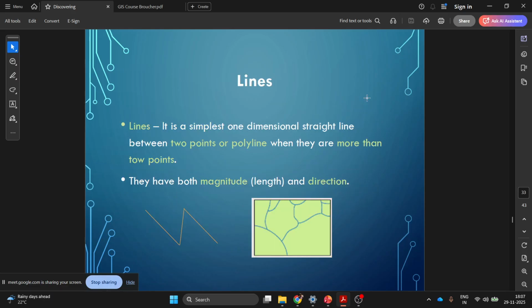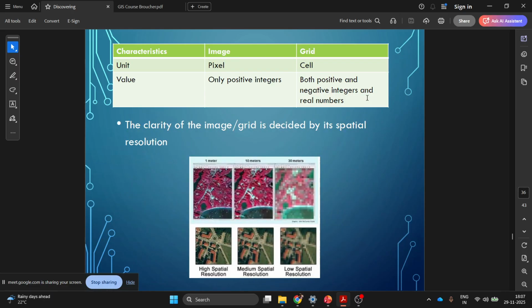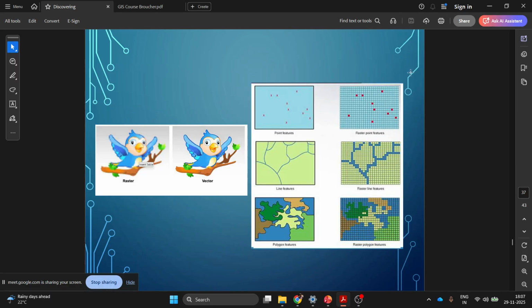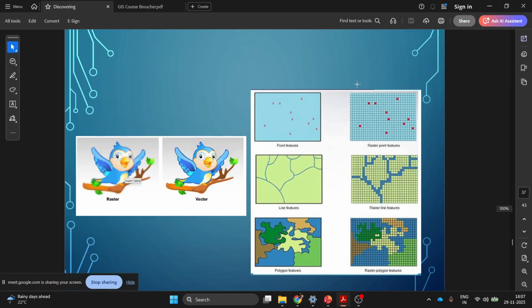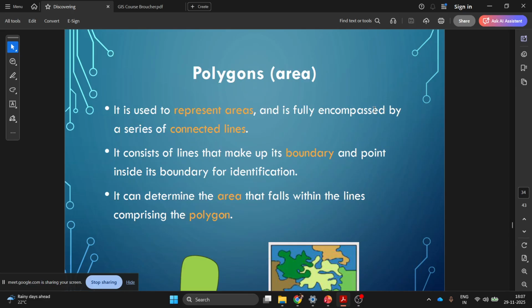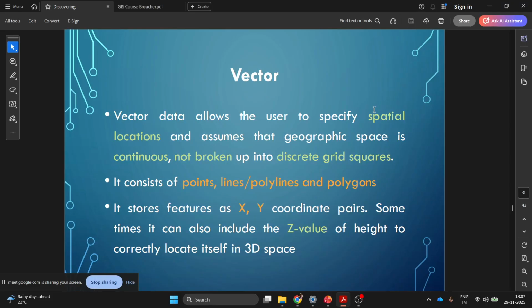For example, in the case of raster data, the data sets are broken. Here you can see pixels. Whereas in the case of a vector, for example, this square here is not broken. It assumes that it is continuous data, whereas raster data is not continuous. I will also be telling about raster data, so you can just understand right now.